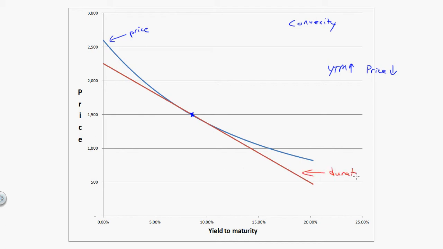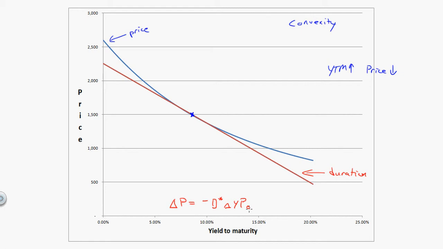So duration, remember, the change in price is equal to minus modified duration times the change in the yield times the original price. That's the first order condition of a Taylor series expansion. So I've taken the first derivative.